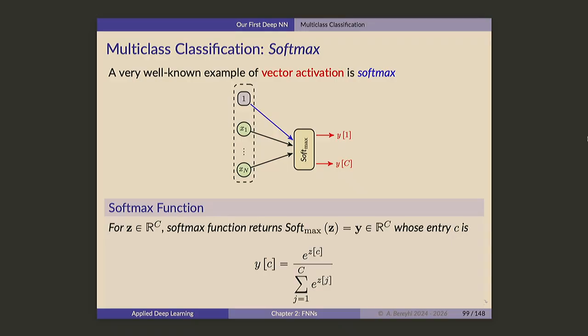Everybody's cool? Now, if you want to think about one of them, yc, the c activated output, is going to be the exponential of the c non-activated one, divided by the sum of the exponentials of all of them, right? And you see it here. This is a vector activation, right? Because y2, for example, not only depends on z2, but it also depends on z1, z3, everybody else, right?